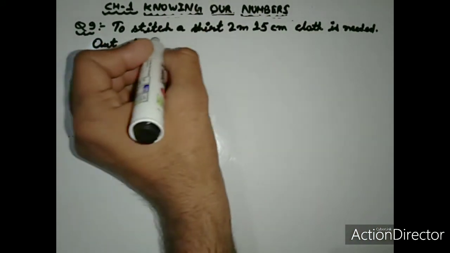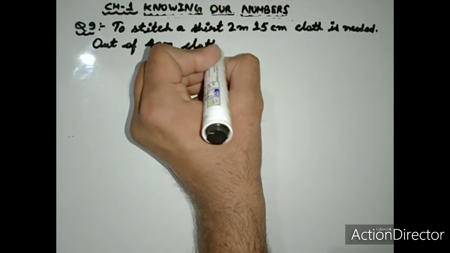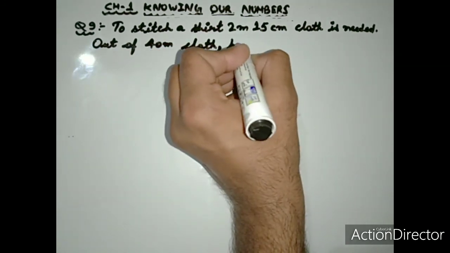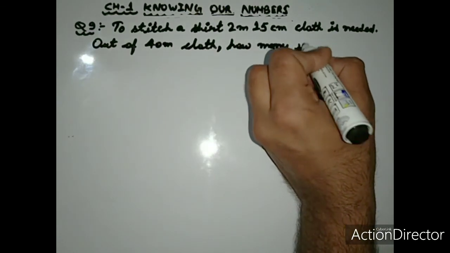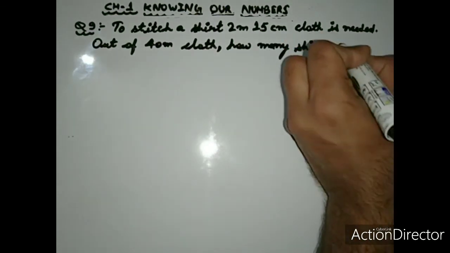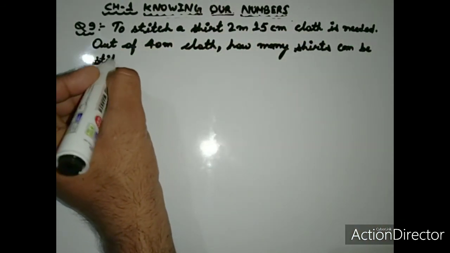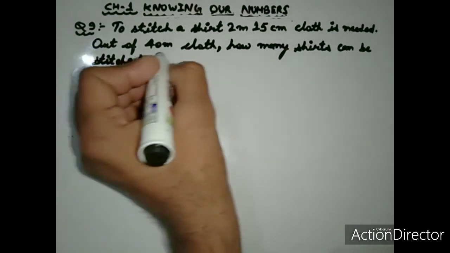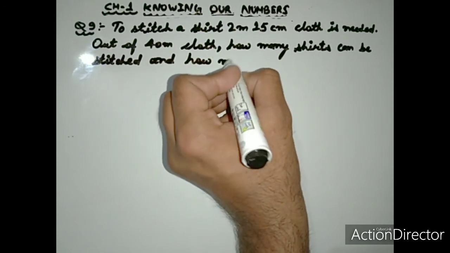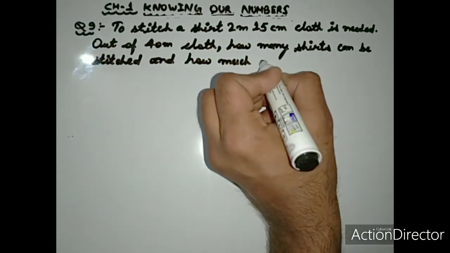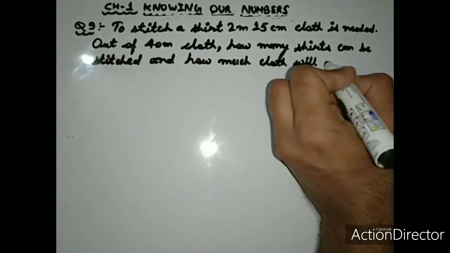Out of 40 meter cloth, how many shirts can be stitched and how much cloth will remain?